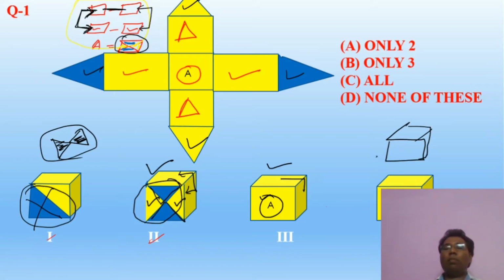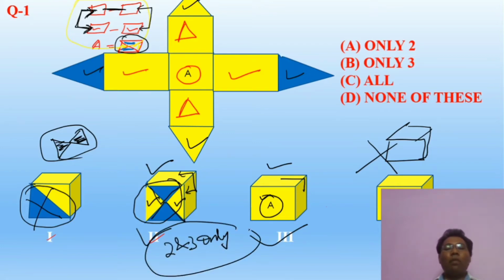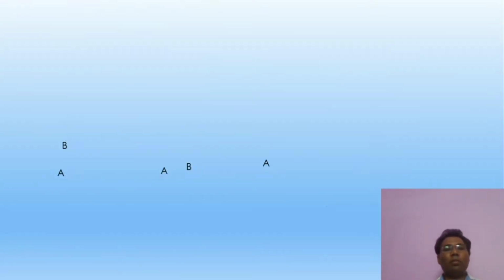This is and this is blank, so this can never be possible. So second and third are correct. So our answer is 2 and 3 only. So our answer is none of these, okay, because 2 and 3 is not an option here. Answer is D. Okay. Shall I move to the next question?